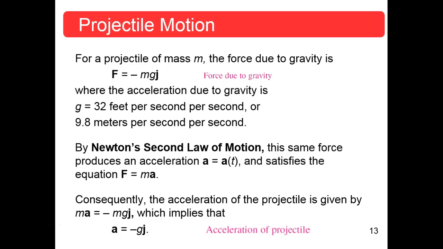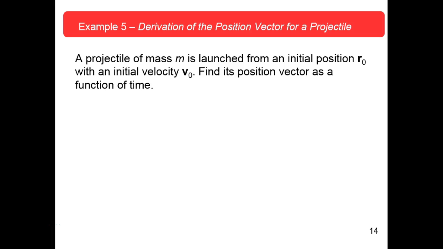In other words, the acceleration is the acceleration due to gravity. We said it's the only force acting on it, so it has to be the only acceleration acting on it. So this, to me, is somewhat redundant. But this is an acceleration vector pointing downward, magnitude g, where g is either 32 feet per second squared or 9.8 meters per second squared.